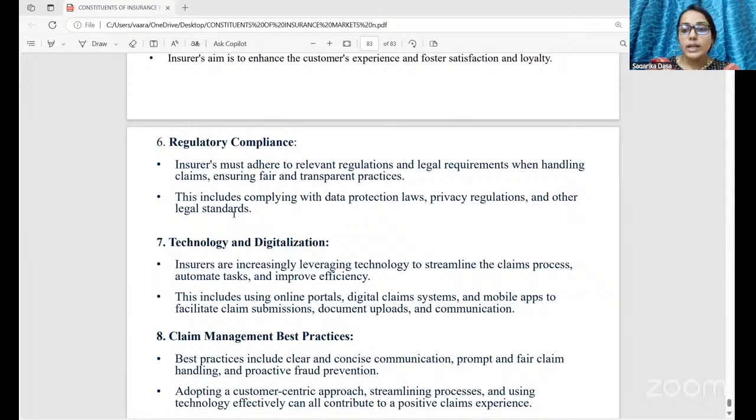The claim settlement process must take place accordingly. Technology and digitalization. Insurers and policyholders are increasingly leveraging technology to streamline the claim process, because using technology, the claim settlement will be done faster.